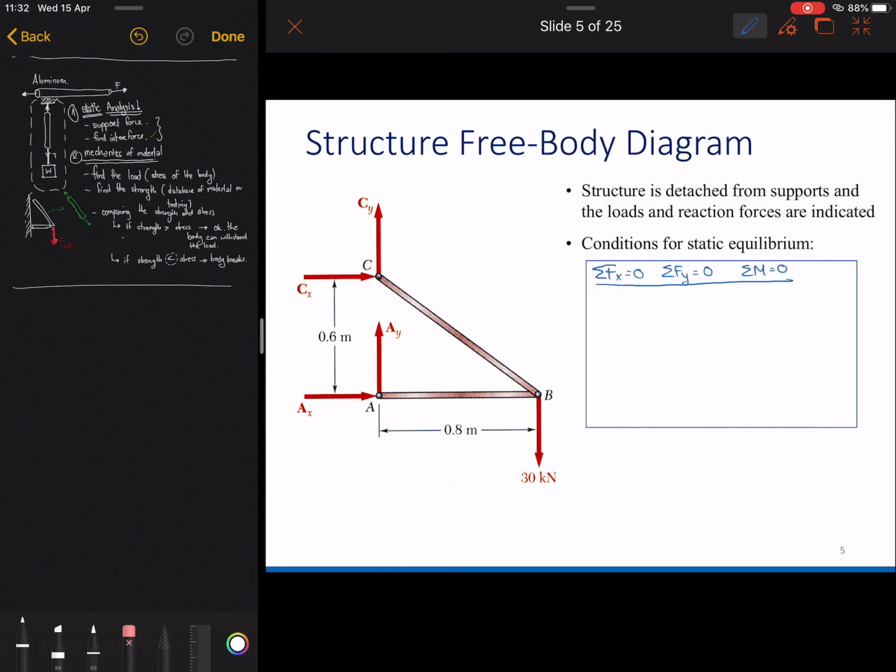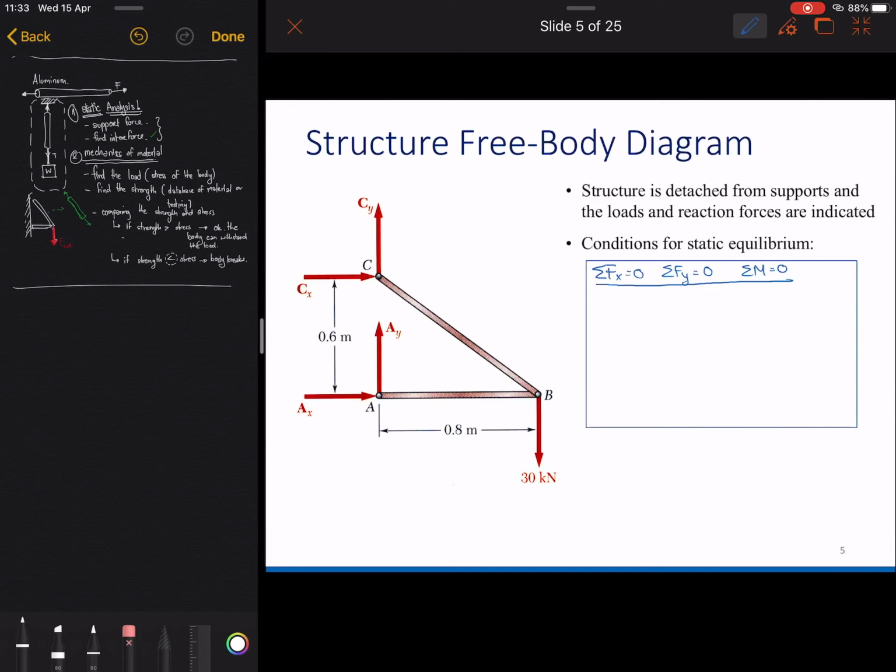Okay, so first, what would you do in this case? For the first hint again, just take the moment at any point that has the most unknown forces, right?